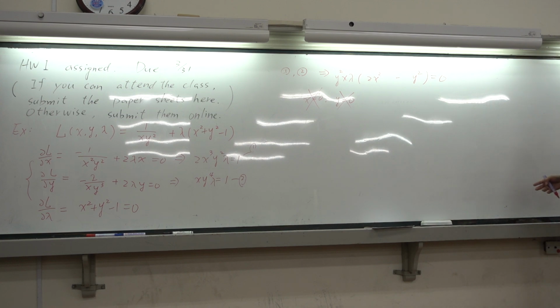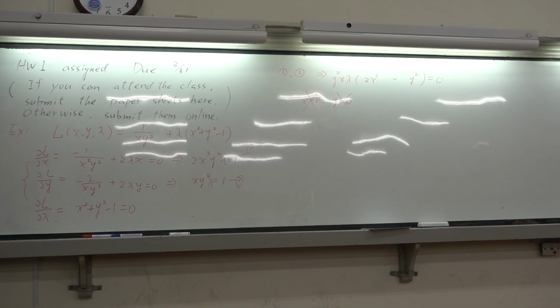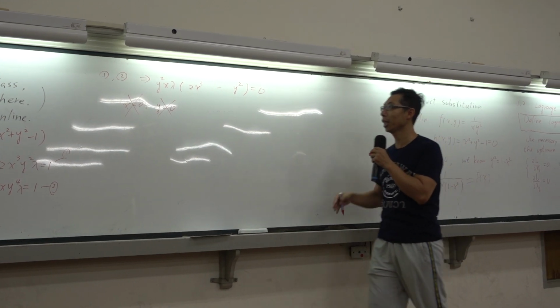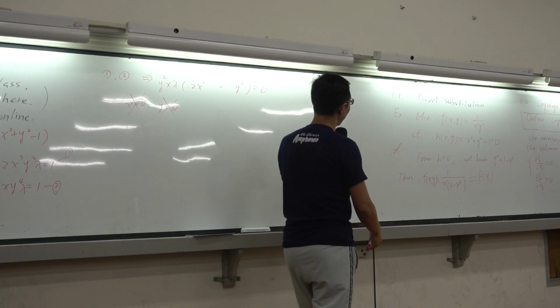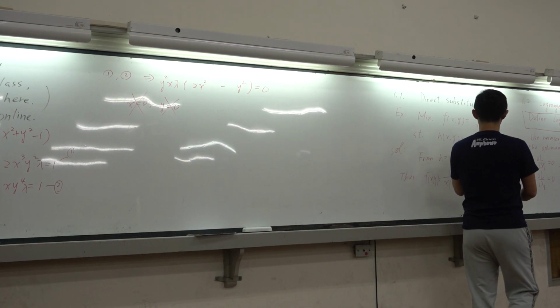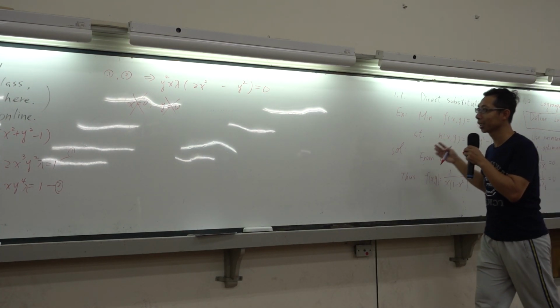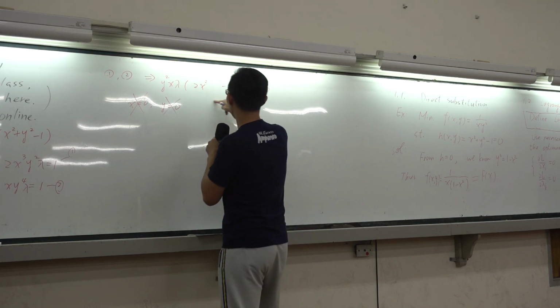Why not? Because you see the problem is 1 divided by xy squared. If x equals 0, then it's infinity. It's not good, right? If y equals 0, it's also infinity, so not good. And if lambda equals 0, then it's like there's no constraint. It's still not good. So let's just use this final one.